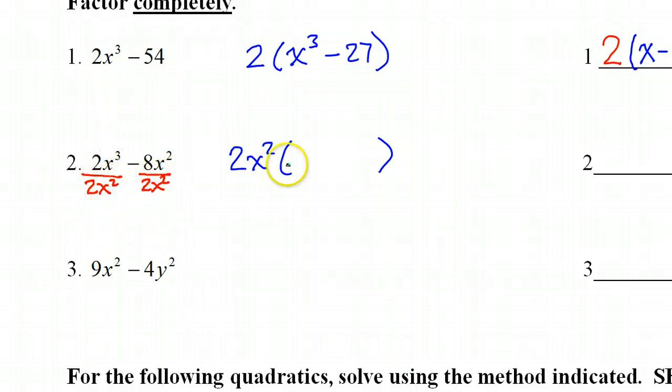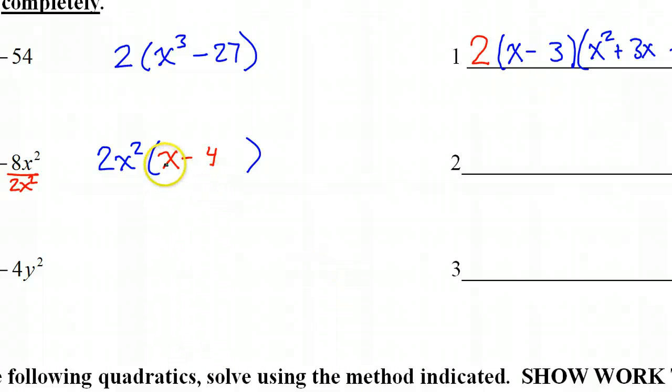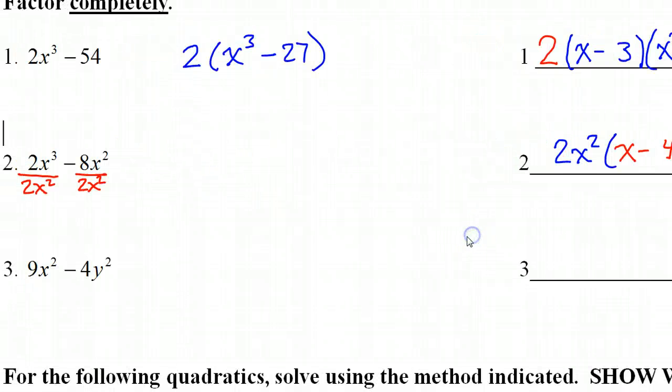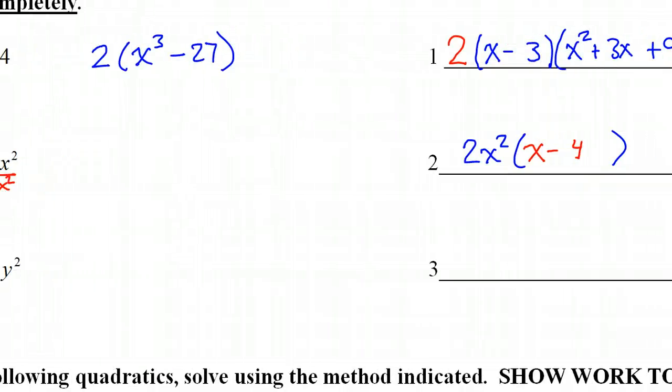The 2's would cancel, and that's just going to leave x. I'm going to have minus 8 divided by 2 is 4. The x squares would completely cancel out. So that's it. There's nothing else I can do with this. This isn't squared or anything, so I can't factor this any further. So this is actually the answer. So I'm just going to drag it over here. Put it on the answer line. So boom, there you go.